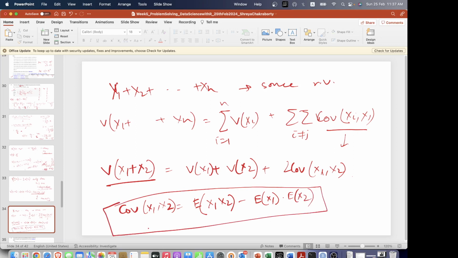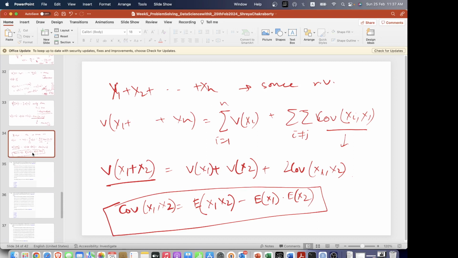This is the generalized formula when x1 and x2 are not independent. What do I mean by independent? I mean that values of x1 or x2 will not depend on what the other variable is taking. Okay, so let's say I have something like this.